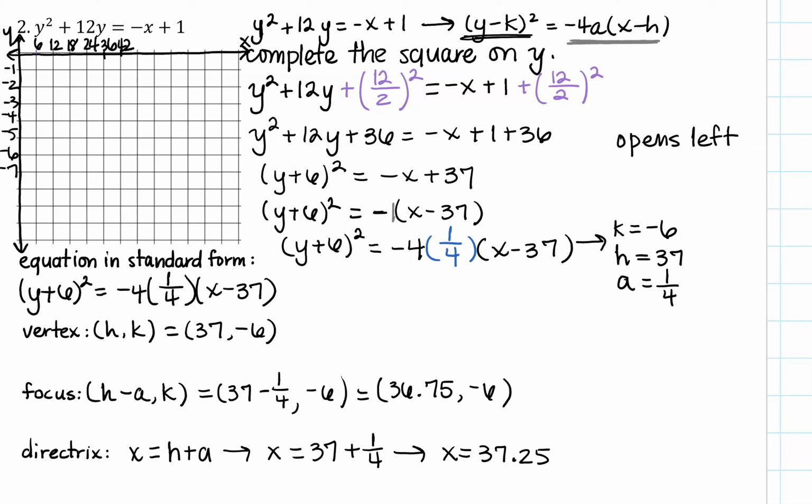So I'm just going to start by plotting the vertex that's at 37, negative 6. It's a little bit past 36 and down at negative 6, that point right there. We know our parabola opens left, so it looks something like this.